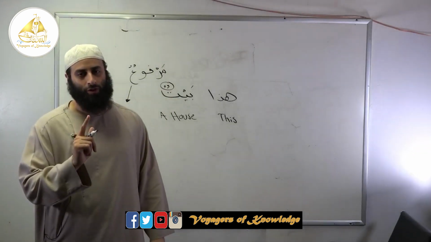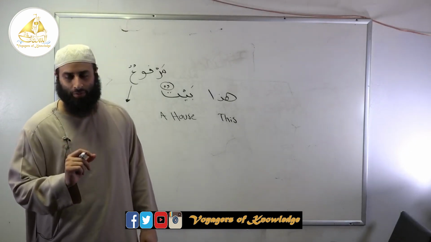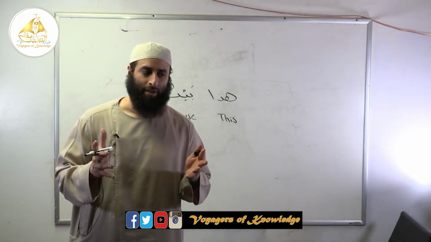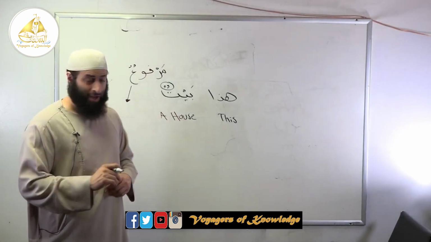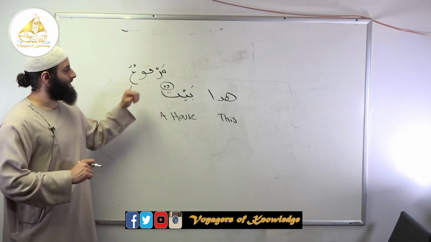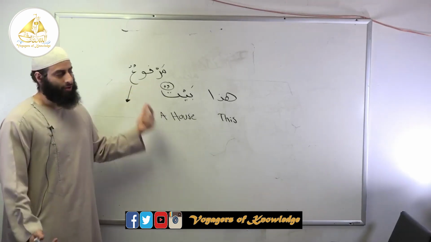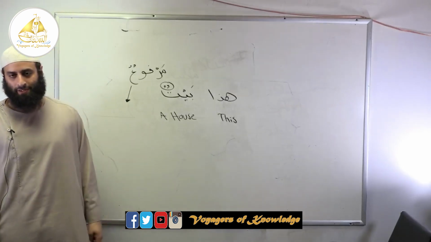And in the Arabic language, there's always exceptions, and there's always other things that are going to be outside of the rules. So for now, if you see dhammatain at the end of a word or a dhamma, what are you going to say that it is? Marfu'. It's in the nominative state.